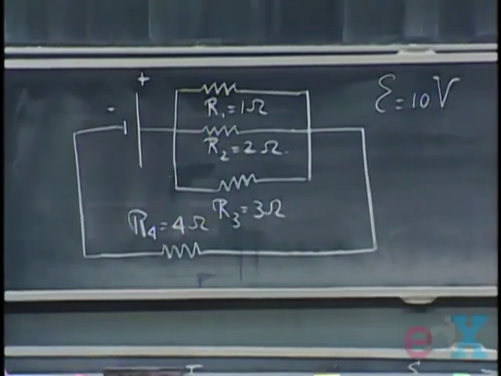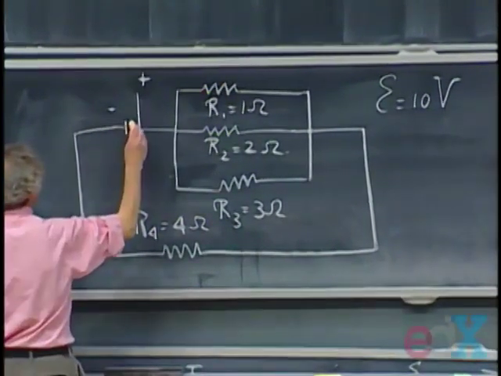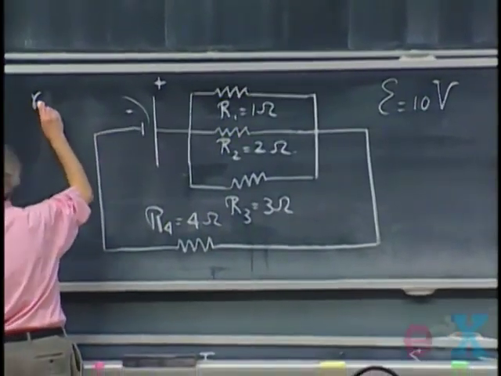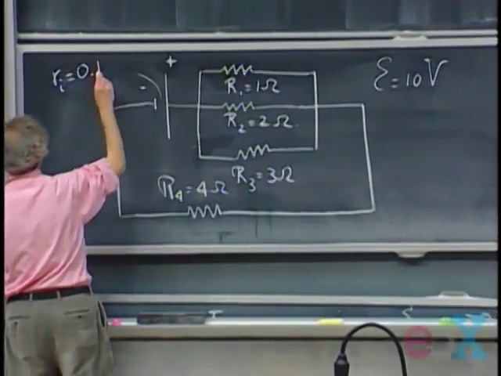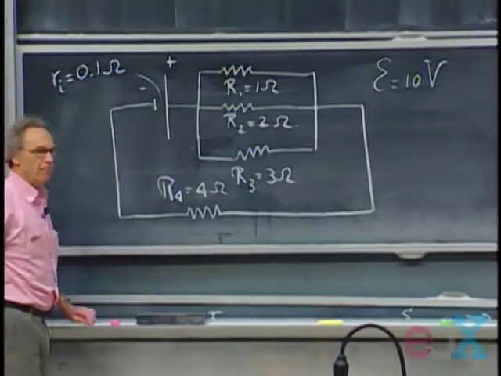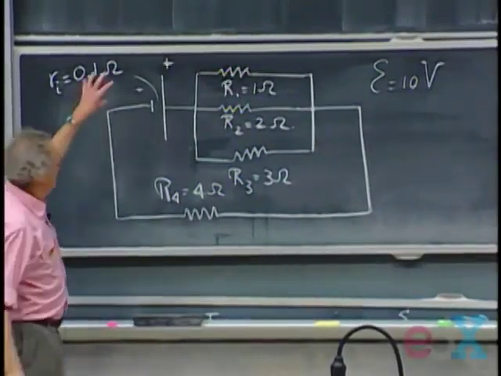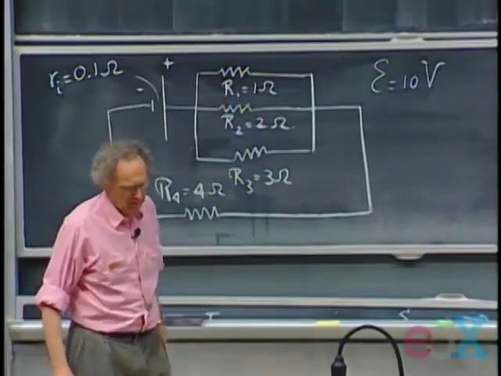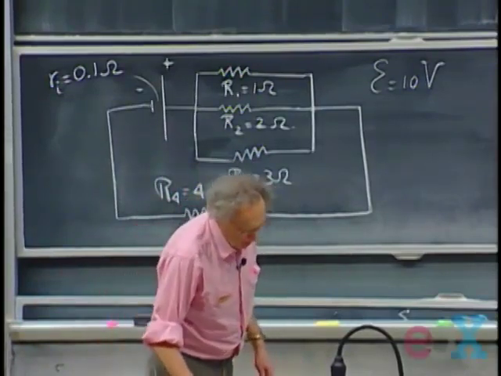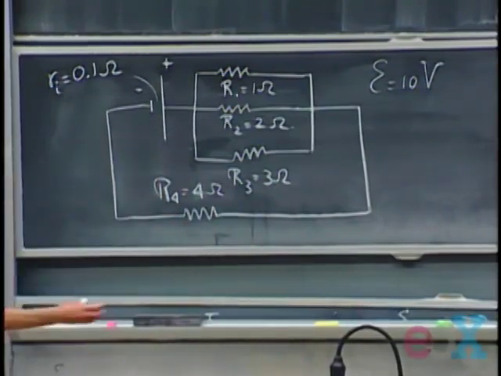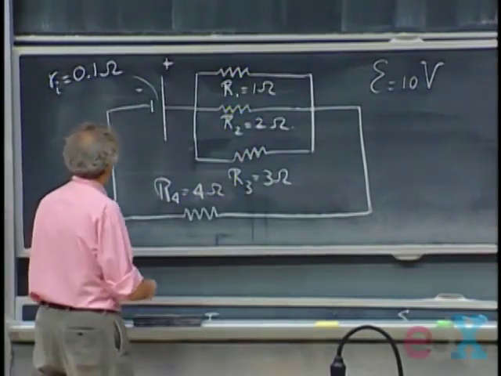Just to make it a little bit more interesting, I will introduce into this battery an internal resistance which is very small, which is 0.1 ohms. You can't remove it. It's intrinsic into that battery. And so the first question that I would ask you in this case is what is the total current that is going to flow.